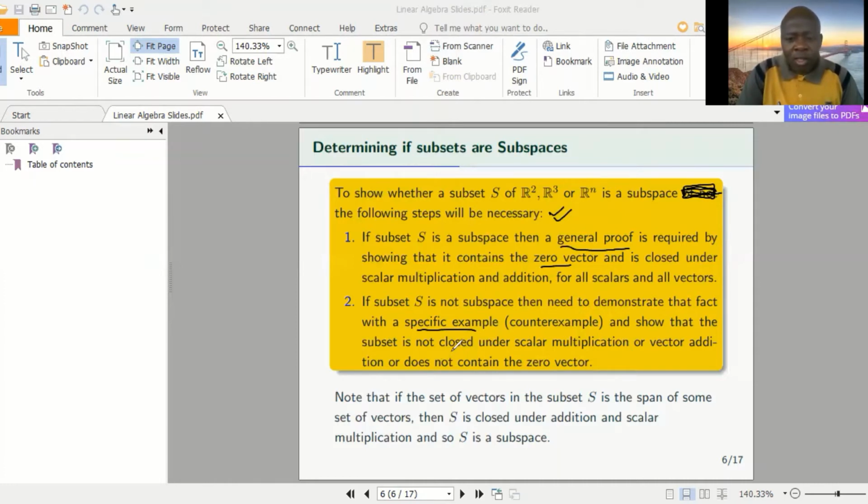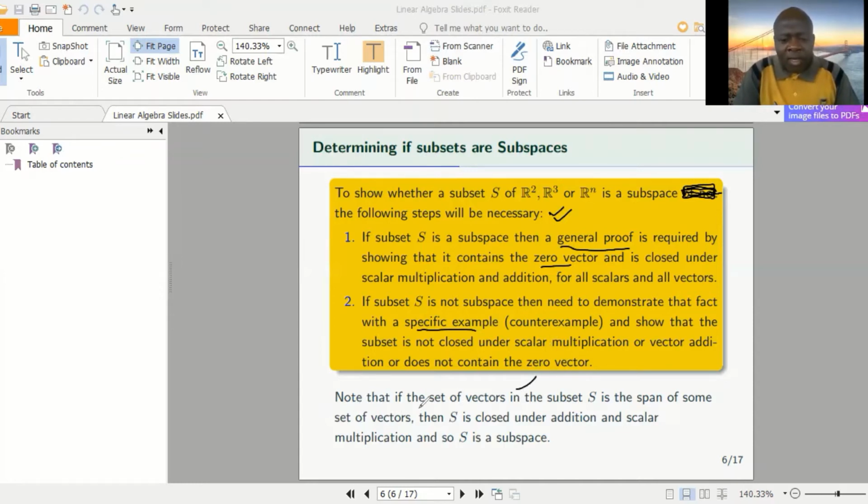So if you suspect it's not a subspace, then you need to choose some specific examples and show that either it does not contain the zero vector, or it does not fulfill the scalar multiplication of vectors, or it does not fulfill the closure property under addition. And that is clear because we've done that before in our previous chapter.